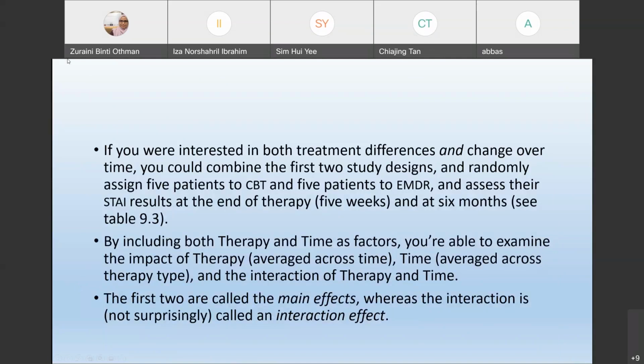If you are interested in both treatments, we want to know the difference between the two treatments and the change over time. You could combine the first two study designs and randomly assign 5 patients to CBT and 5 patients to EMDR and assess their results at the end of therapy and at 6 months, see table 9.3.